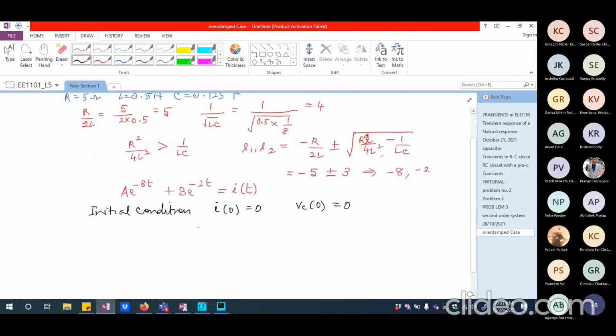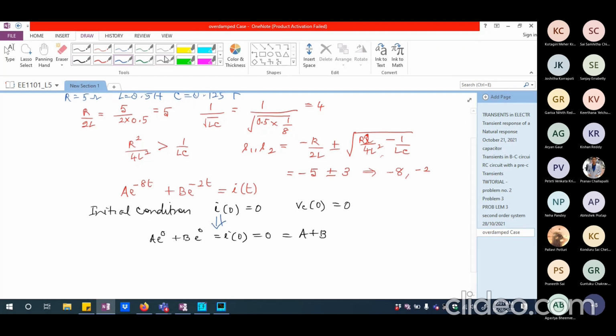Okay. So let me try to see what this is. I of 0 is 0. I should say A e power 0 plus B e power 0, which is I of 0 is equal to 0. So which means A plus B is 0 for this initial condition. So the inductance current initial condition I have already taken care of.